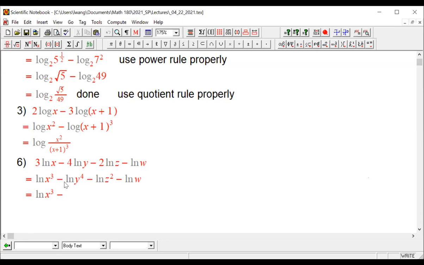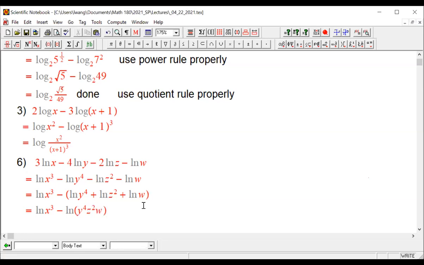Instead, I'm going to factor out the negative sign, so all of these will turn into plus. My final answer would be ln of x to the power 3 divided by y to the power 4, z squared, w, where inside the denominator I use the product rule.